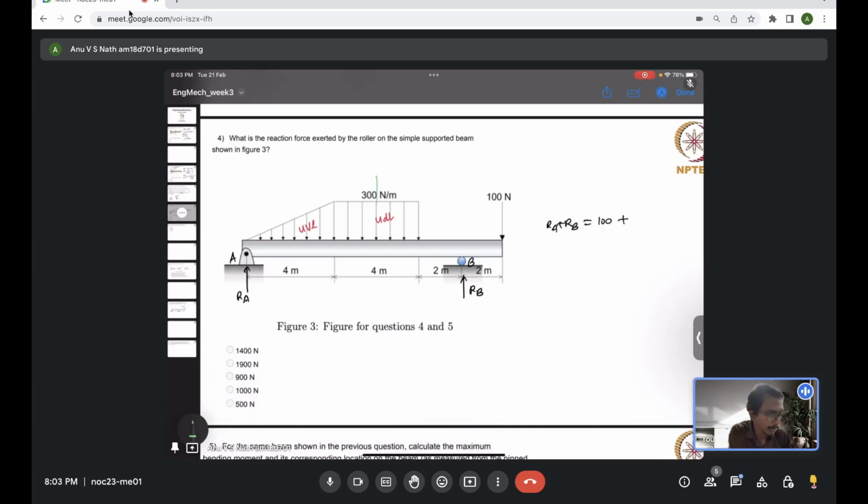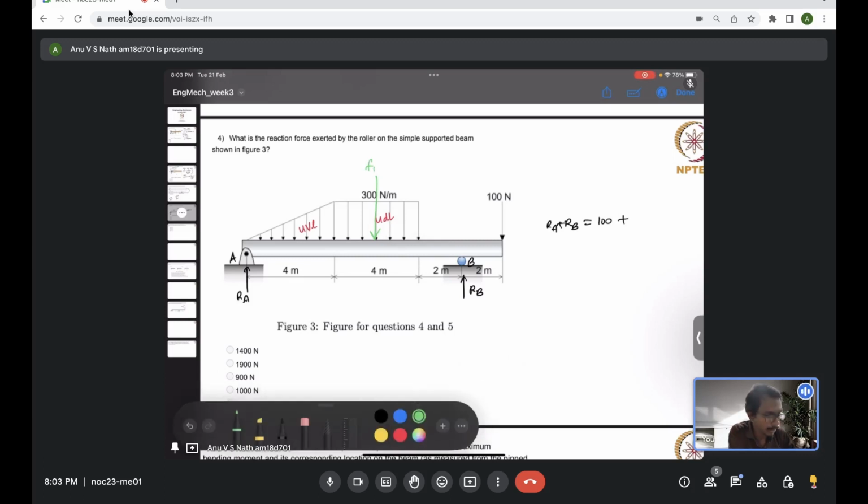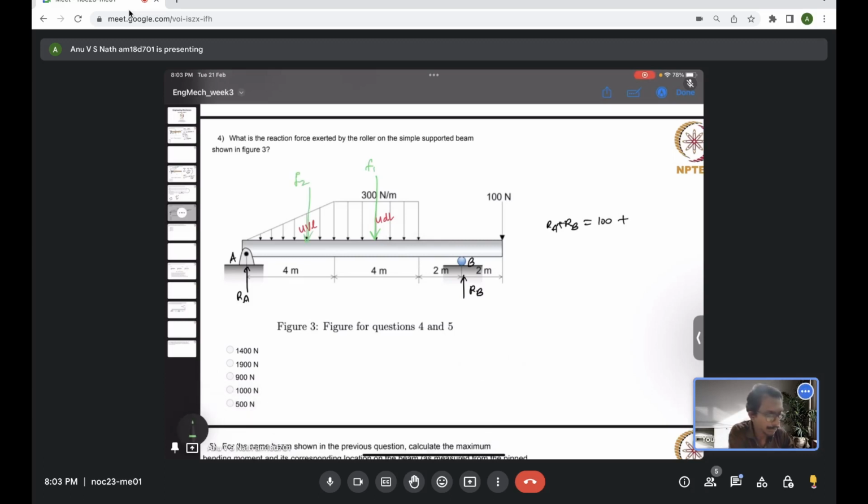So if I say this, its equivalent is F1, and this one's equivalent is F2.